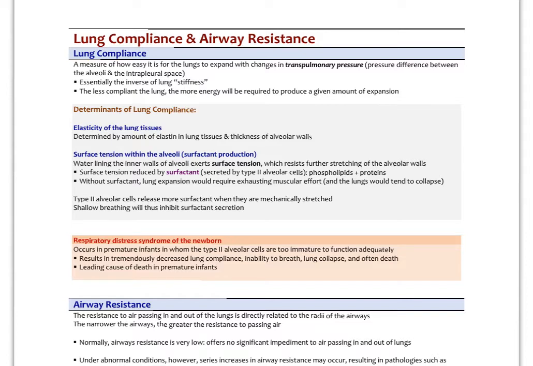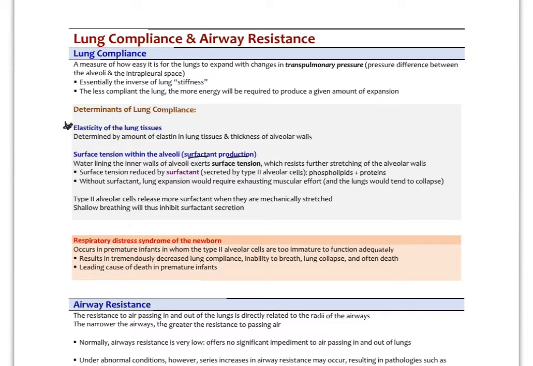The determinants of that will primarily be the elasticity of the lung tissue. There's a lot of elastin in the connective tissue in the lungs, especially in the alveolar walls, and that improves compliance. And then the surfactant. Remember, surfactant decreases surface tension, and that will make the lungs more compliant as well.